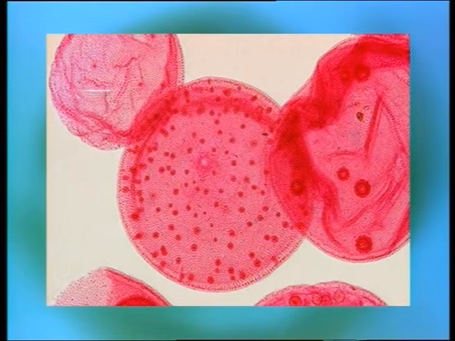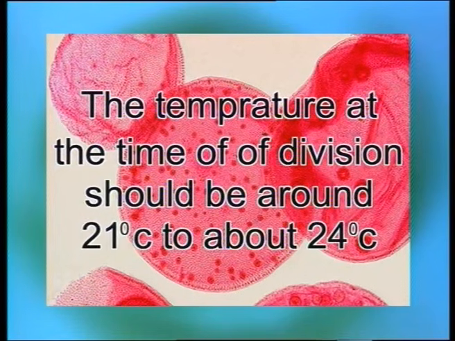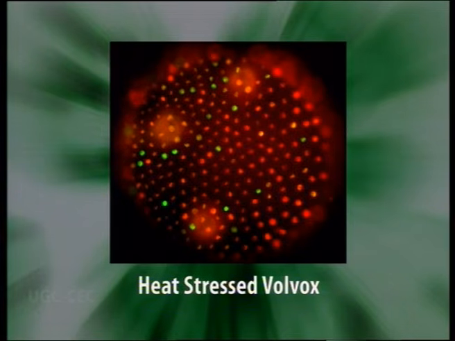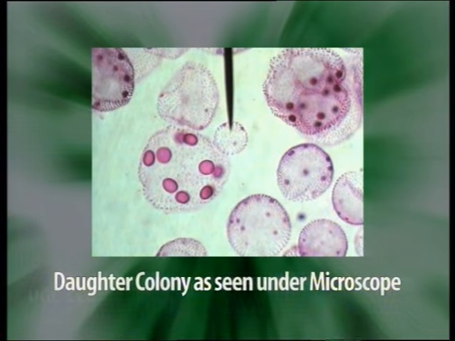And in addition to these, one more important feature is that the temperature at the time of division should be around 21 to about 24 degrees Celsius. That means the temperature is also facilitating the proper division of the parental cells into progenial colonies, and this in turn will facilitate replication of parental cells into progenial colonies, and from one parental colony we may sometimes have as high a number as 15 progenial colonies developing.